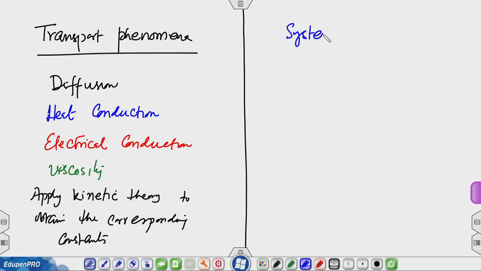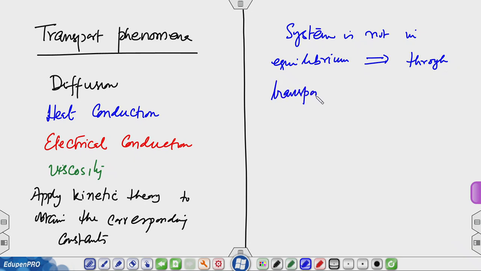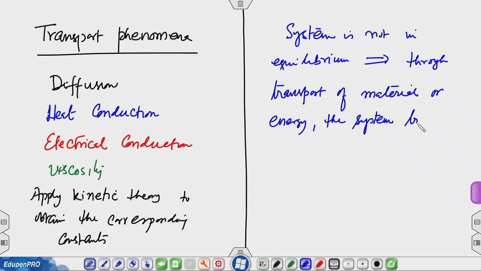The system is not in equilibrium, and this implies that through transport of material or energy, the system tries to come to equilibrium.